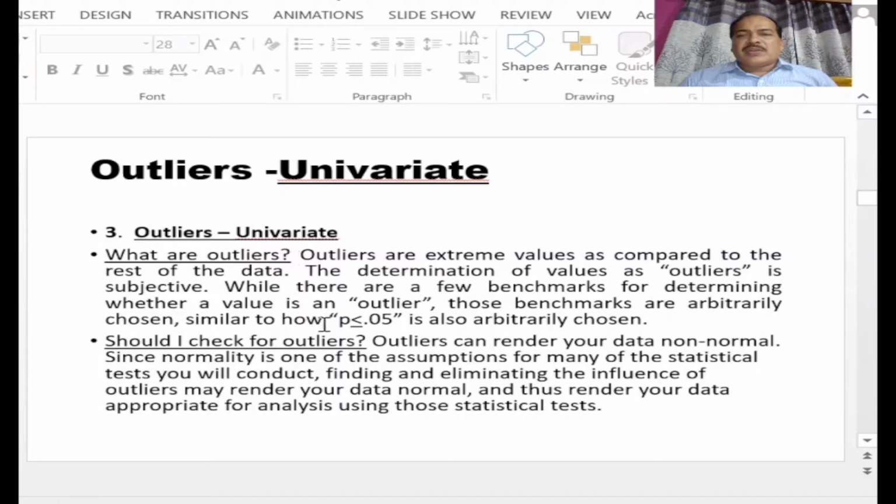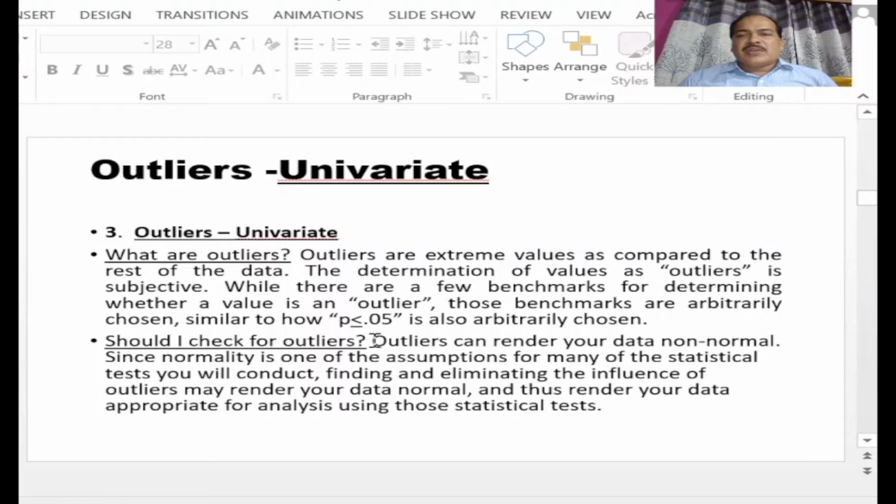Okay, then what is the purpose of identifying the outliers? Because outliers are basically the extreme scores which are very much influencing the normality of the data. And normality is one of the major assumptions of many statistical tests.